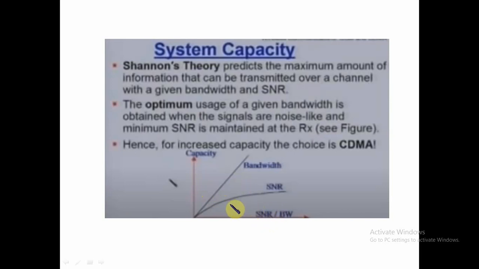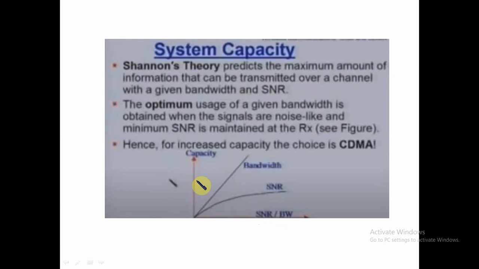Hence we know that if you plot SNR on one axis, the capacity grows logarithmically with SNR. And if you plot bandwidth on the axis, then the capacity grows linearly with bandwidth.